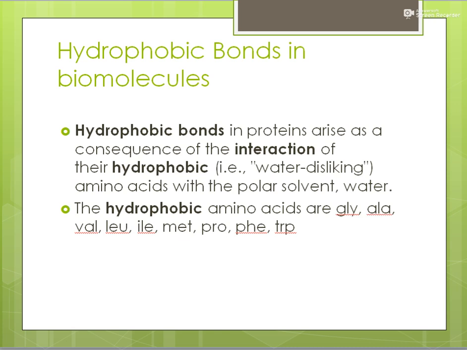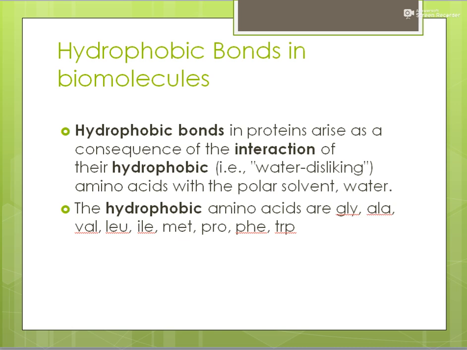Hydrophobic bonds in proteins mainly arise as a consequence of the interaction between hydrophobic amino acids and the polar solvent water. There are certain amino acids which are water-disliking, for example glycine, alanine, valine, leucine, isoleucine, methionine, proline, phenylalanine, and tryptophan. All these hydrophobic amino acids are water-disliking.